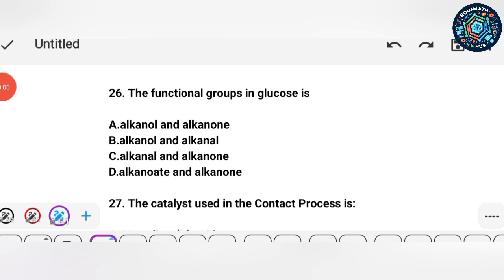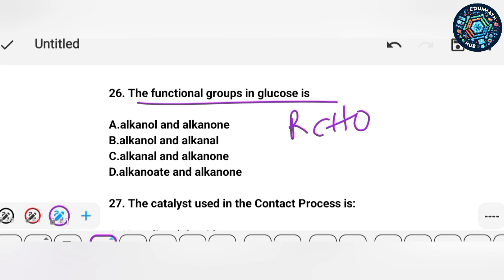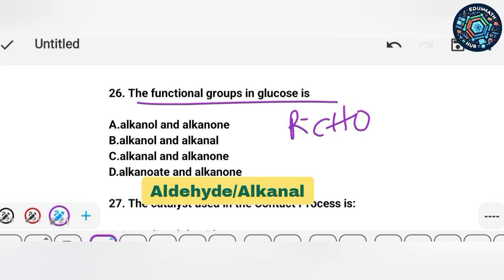The functional groups in glucose are what? Now, glucose is a monosaccharide, that is a carbohydrate or a sugar. So it contains two very important functional groups. Glucose contains the functional group RCHO, which is the aldehyde functional group, or the alkanal functional group.